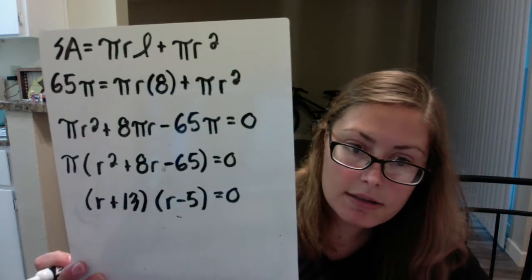Factor, we have r plus 13 times r minus 5. Set each piece equal to 0. We get r is equal to negative 13 and r is equal to 5, and it has to be positive.